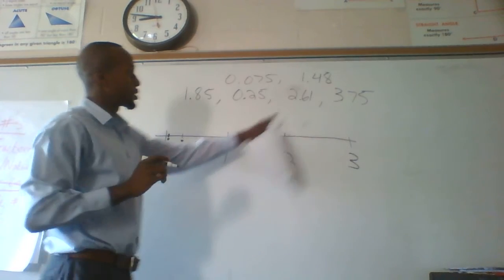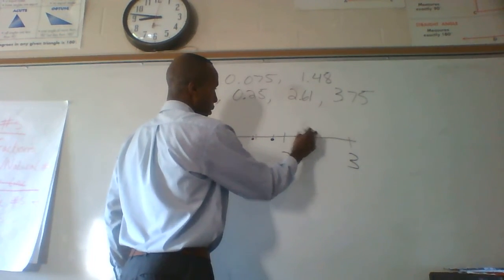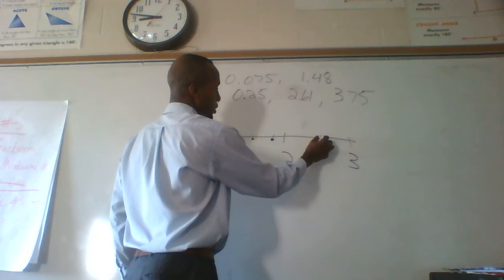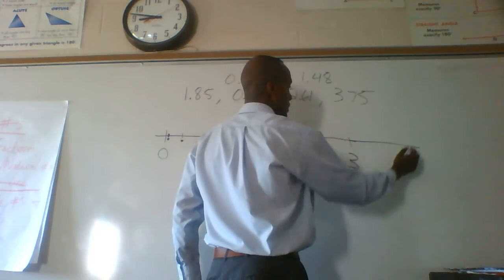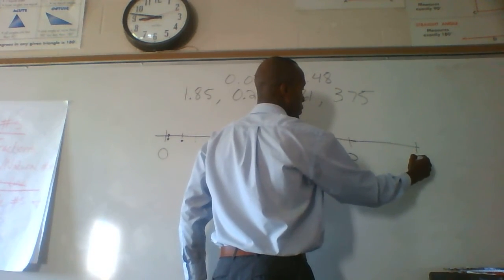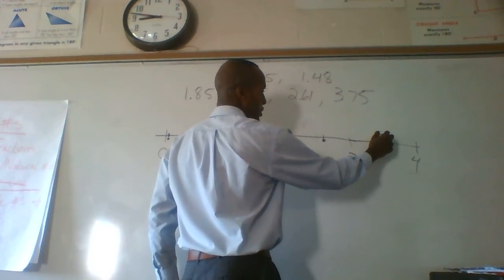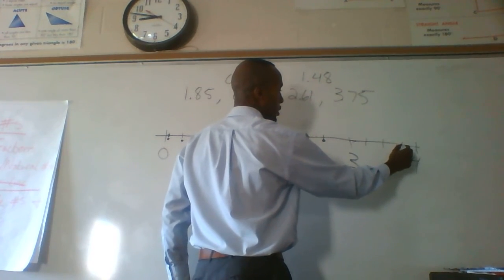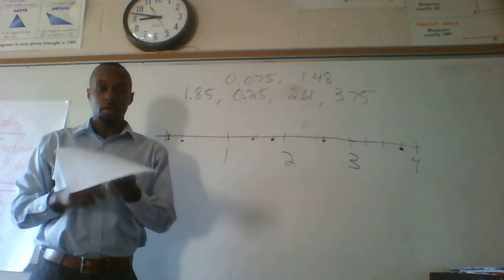And then 2.61, well, I'll use 2.5 as a benchmark. That'll be about right there. 2.6 would be a little bit further, 2.61 about right there. And 3.75 is 3/4 of the way to 4. So I'd say if this is half, this is 25, this should be 75. Easy. All right, that's it.